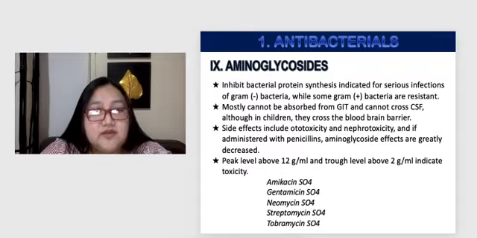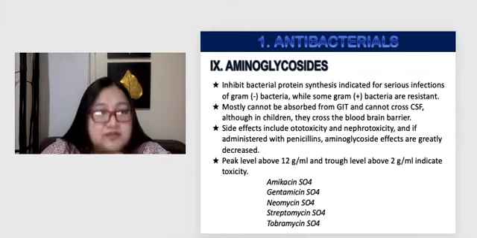Si aminoglycoside, pag tinitake, kailangan minomonitor ang peak and trough level. We have discussed before peak and trough level. So, if peak level is above 12 mcg per mL and trough level is above 2 mcg per mL, it indicates toxicity. Aminoglycosides has a low therapeutic index.